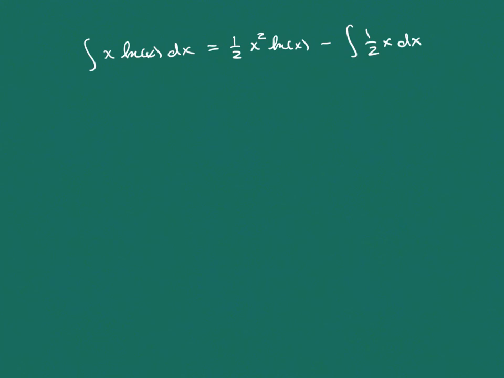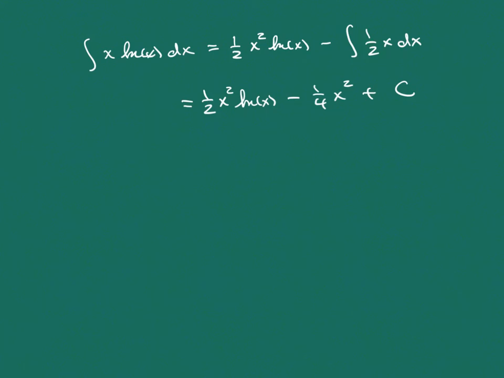And so this is an easier integral to do, so I can just do that. So I get my 1/2 x squared natural log of x minus a 1/4 x squared plus my arbitrary constant from my fundamental theorem of calculus.